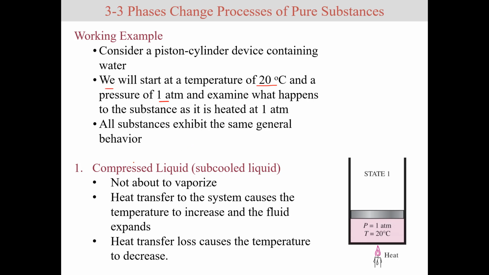The first stage is a region called a compressed liquid, or a subcooled liquid. What this means is that the water is not about to vaporize. So as I add heat to my water, what happens? The temperature of the water increases, goes from 20 degrees to 30 to 40 to 50 degrees.